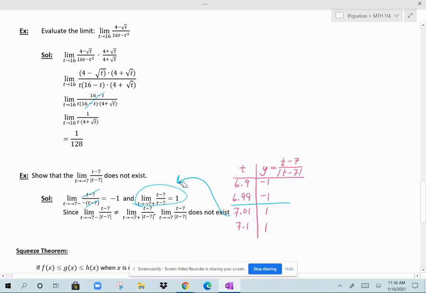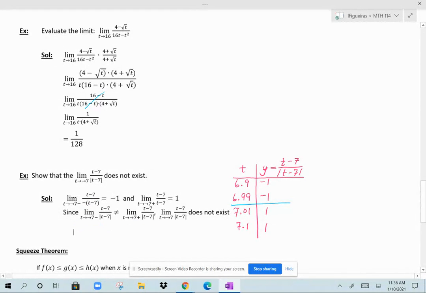So I don't need an absolute value at all when I'm on the right side of 7. It's just t minus 7, which means these two cancel out and I have a constant of 1. So since the limit on the left and the limit on the right are not equal, it doesn't satisfy the definition of when a limit exists. It actually does not exist.